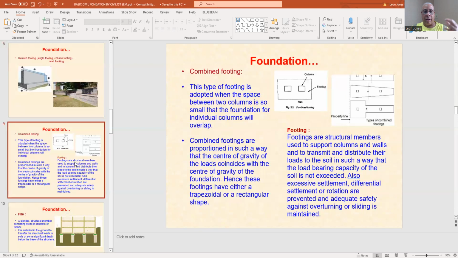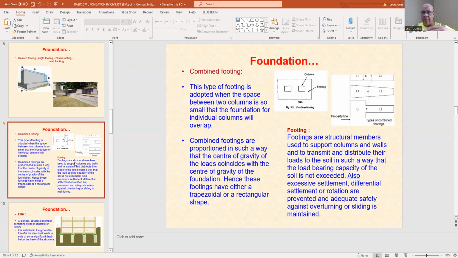And when we deal with combined footings, they are proportioned in such a way that the center of gravity of the loads coincides with the center of gravity of the foundation. Hence, these footings have either a trapezoidal or rectangular shape.